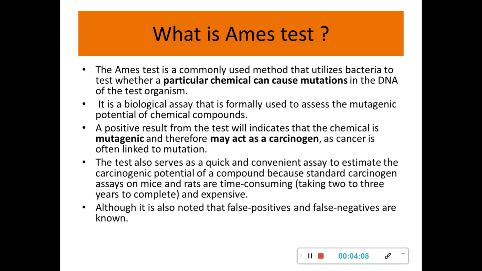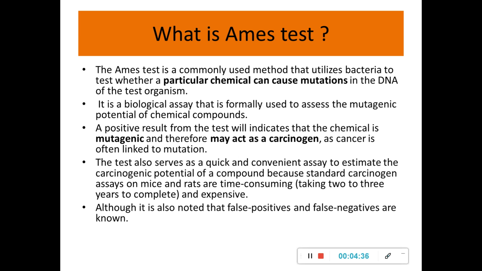So, in order to bypass this extra expense, we do the mutation analysis on certain bacteria rather than going directly onto the rats or the mice. These bacteria are inoculated with the chemical of interest, and we check whether they are found to be mutagenic or not.